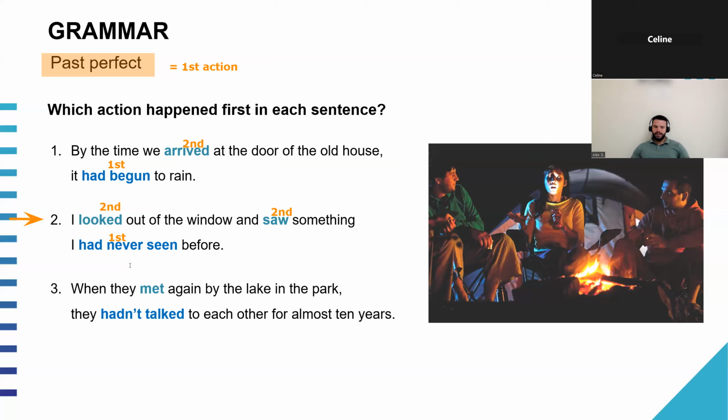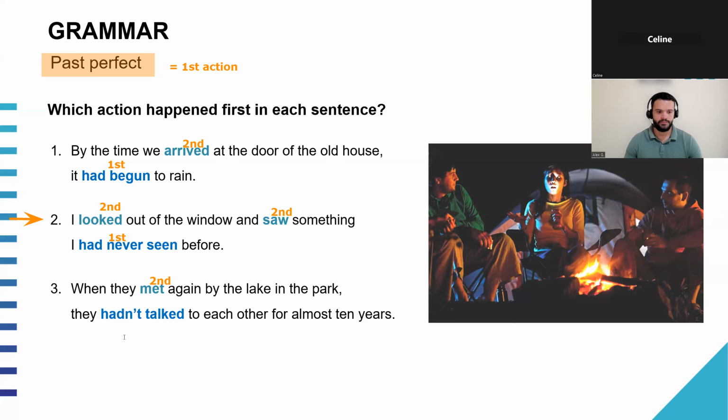When they met again by the lake in the park, they hadn't talked to each other for almost 10 years. Which was first? Which one's second? When they met again by the lake in the park is second. Excellent. And then first?